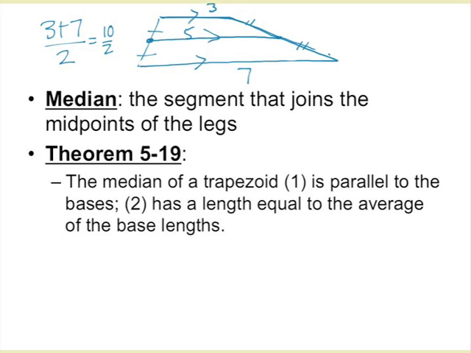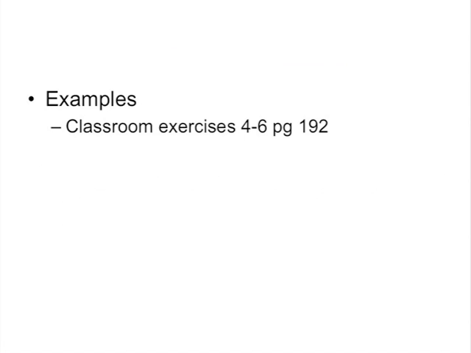We will do several more examples working with medians because that is what the majority of your homework is. But before we do that, let's take out that flow chart and fill in the left-hand side there about trapezoids. So at the top it said quadrilateral, and then over here we had parallelograms, and then all of our special parallelograms.